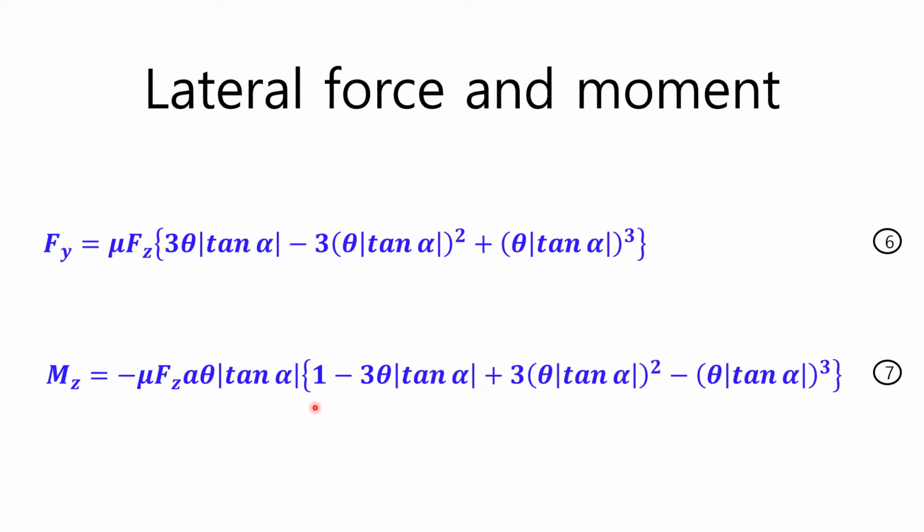For the same reason as before, the absolute value of tangent alpha must be used in these equations, and this way the lateral force and the self-aligning moment are calculated using the absolute value of tangent alpha. And the signs of the resultant value of these equations are determined by the sign convention explained in the previous 4 cases examined before.